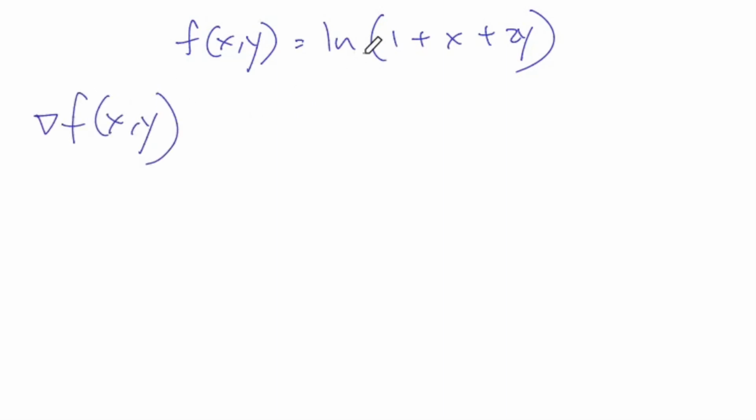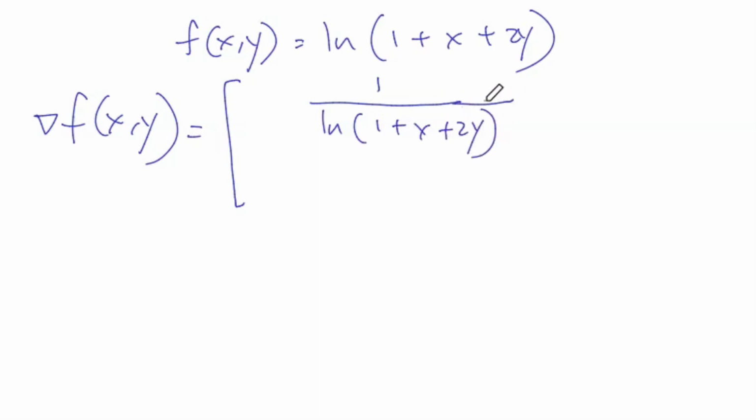Since this is ln, we have 1 over 1 plus x plus 2y, deriving over x.